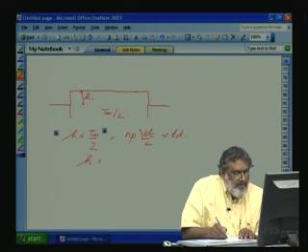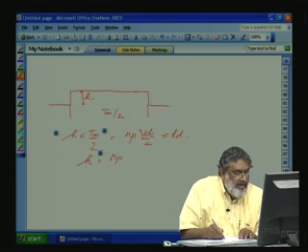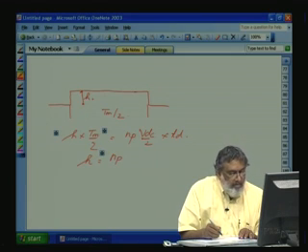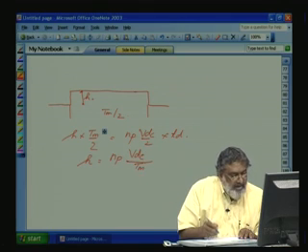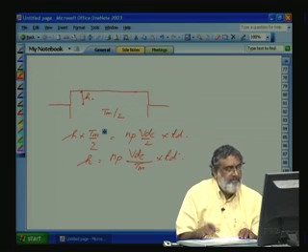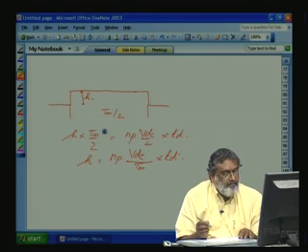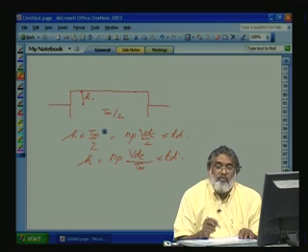H is equal to NP into VDC divided by Tm into TD. Okay. So, what happened?